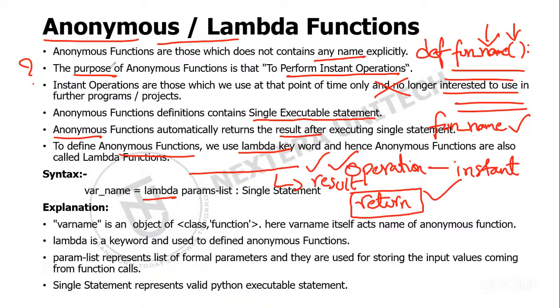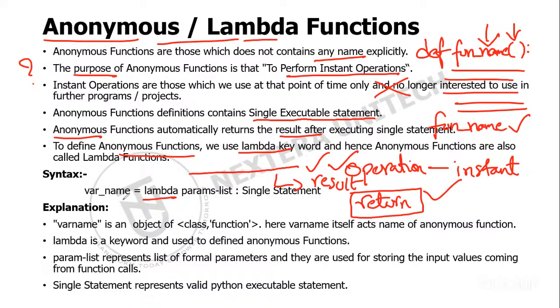That is why an anonymous function is also called a lambda function. Why are they called lambda functions? Because we have a keyword called lambda, and that is used in defining an anonymous function.